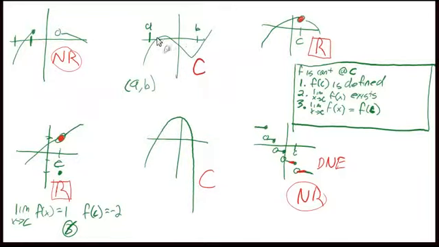If any c that we choose inside here meets these 3 conditions, we say that it's continuous on this interval. Continuous on the open interval.